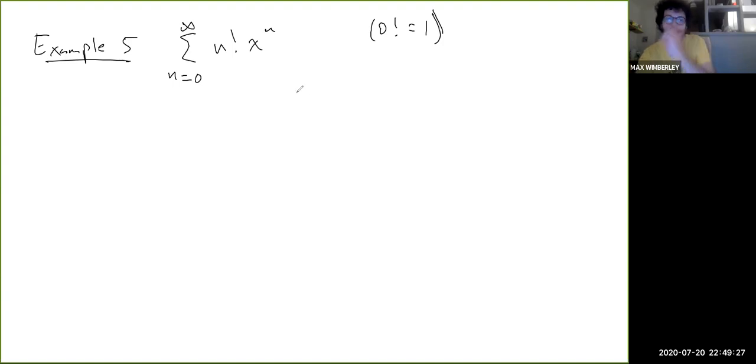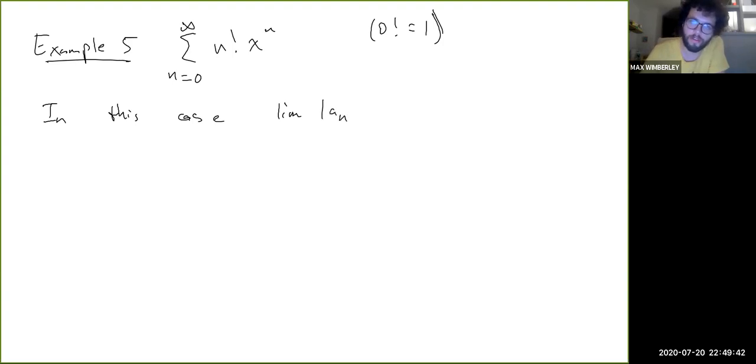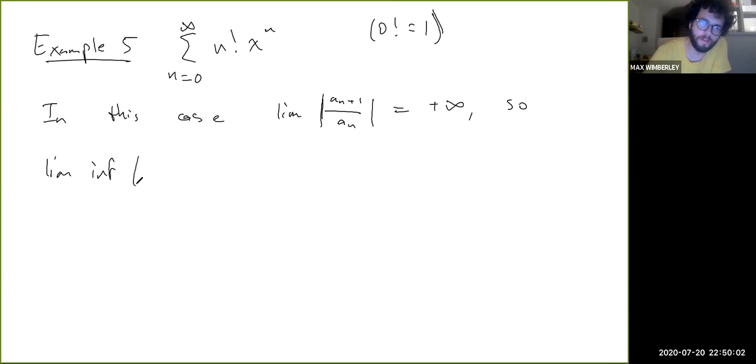In this case, the limit of a_(n+1) over a_n is plus infinity. I'm just emphasizing the lim inf of a_(n+1) over a_n is plus infinity.